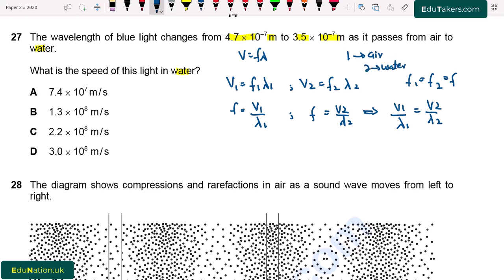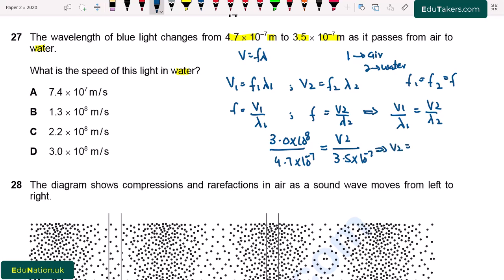First of all, the speed of light in air is 3 × 10^8 meter per second, divided by the wavelength given, 4.7 × 10^-7, equals v2 divided by 3.5 × 10^-7.